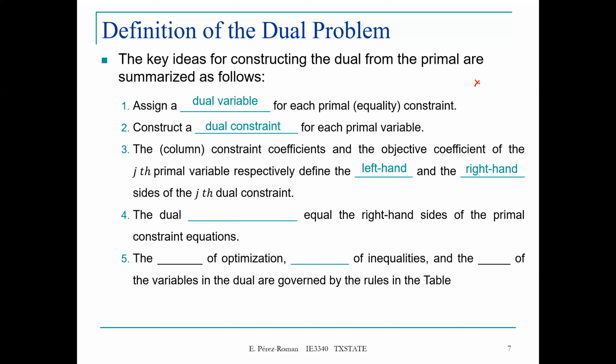So you have x1. Let's say this is constraint 1. So x1 shows up here. Constraint 2, x1 shows here. So you have plus. In constraint number 3, x1 shows up also. And then you have the objective function that also has, let's say, maximize x1 plus. So this information, the coefficients associated with those x1 values, are going to define a constraint for the dual problem.